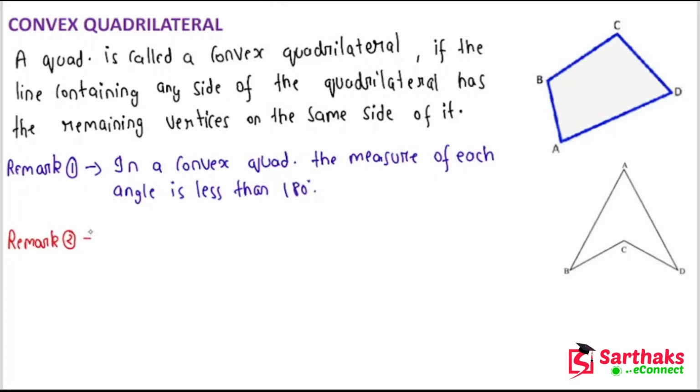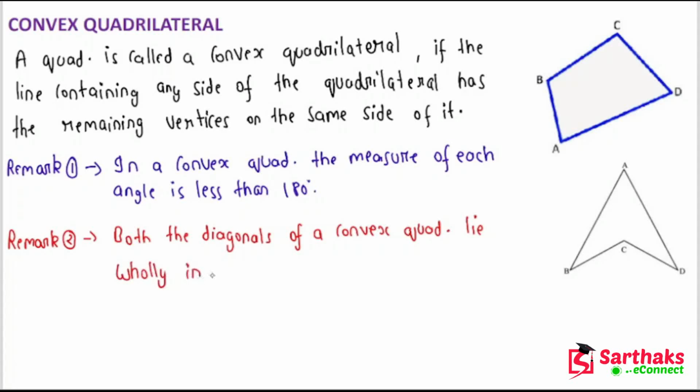Okay, you can also get this by that both the diagonals of a convex quadrilateral lie wholly in its interior.